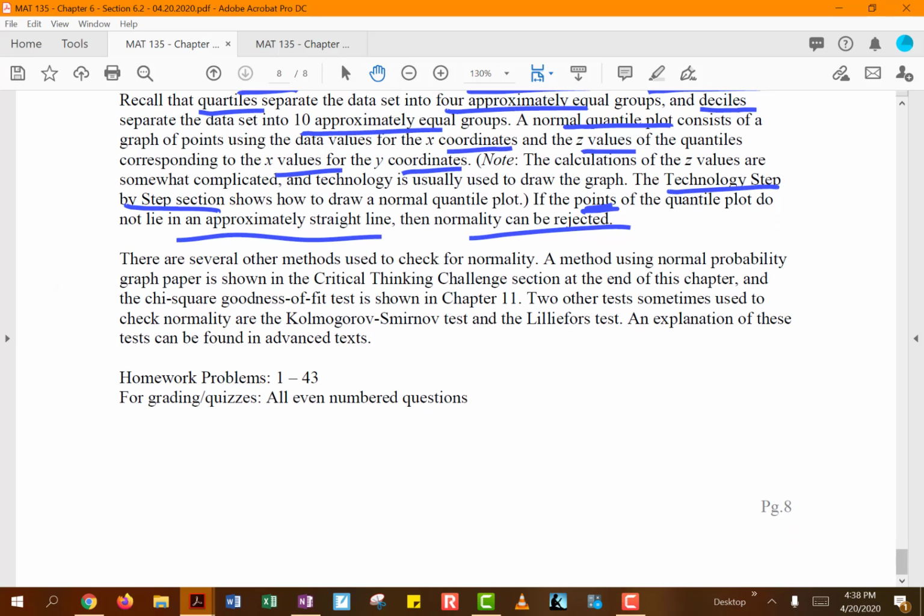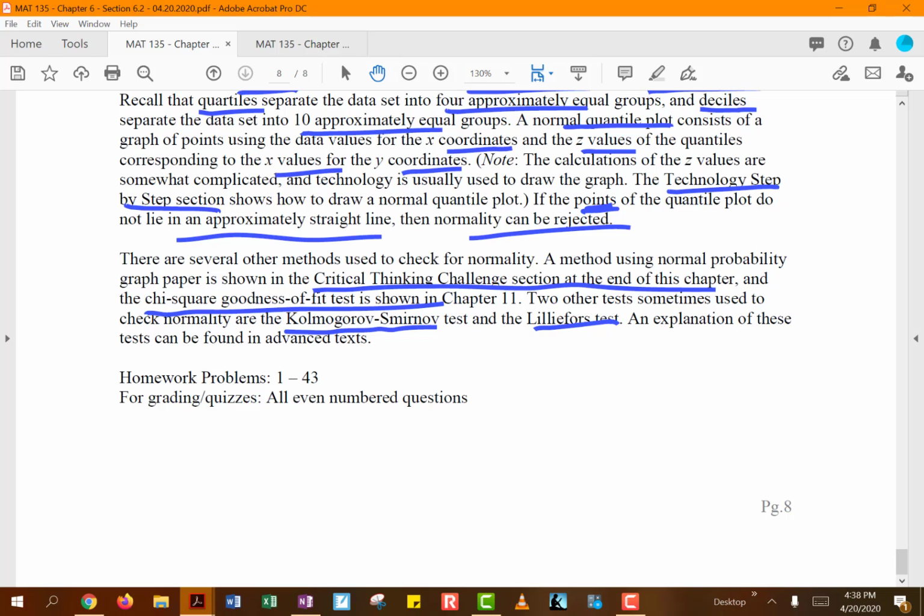They're saying there are also other methods to check for normality, and some of those are shown in your critical thinking challenges at the end of this chapter. You have the chi-square goodness of fit test that you can use to check for normality, which is in chapter 11. Sometimes you can also use the Kolmogorov-Smirnov test and the Lilliefors test.